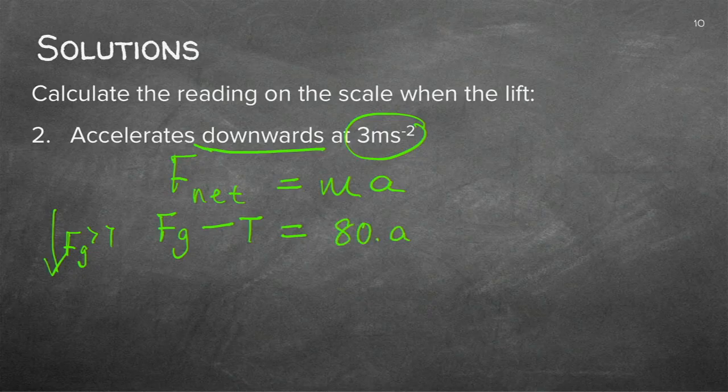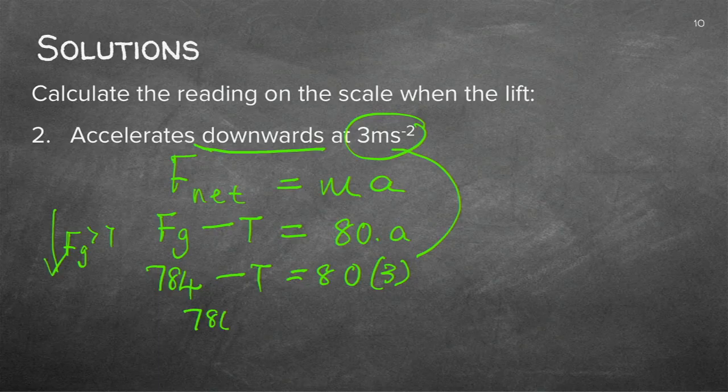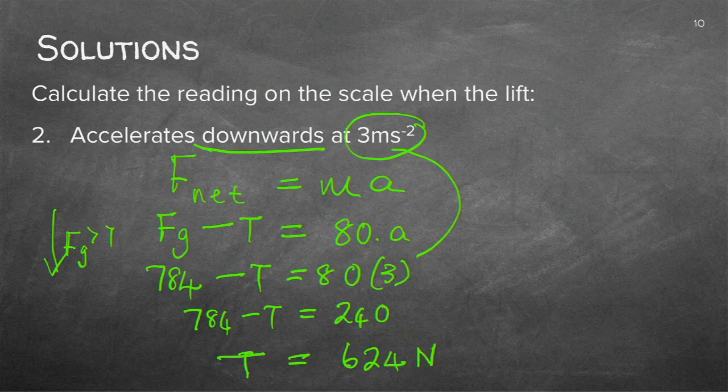And I calculated the Fg as 784 minus T, 80, and I've got the acceleration, it is 3. So I've got 784 minus T equals 240. And if you calculate that, you get the value for T as 625 Newton.